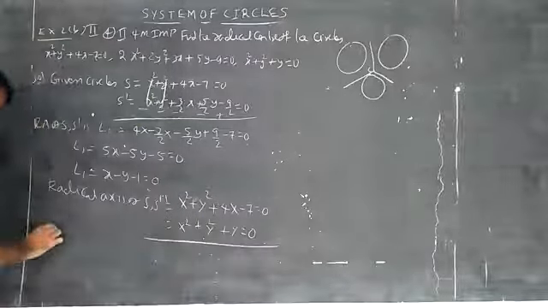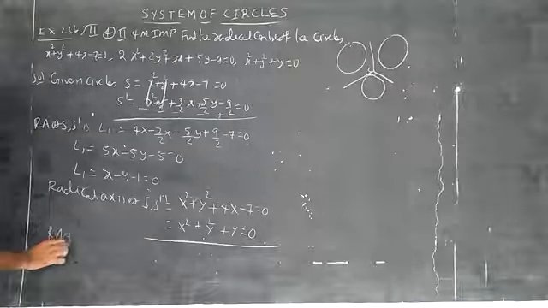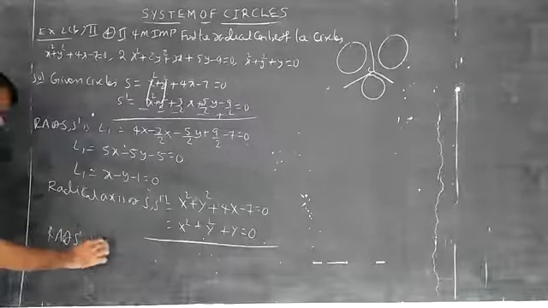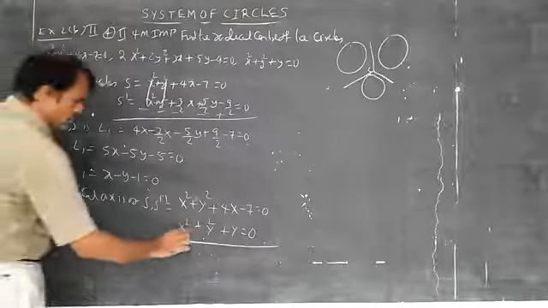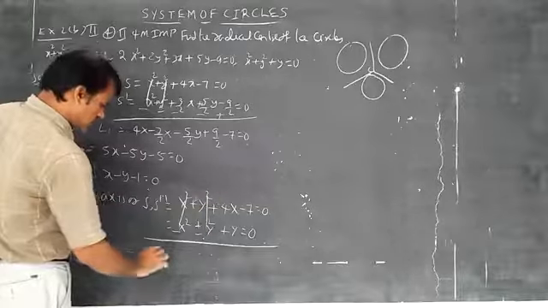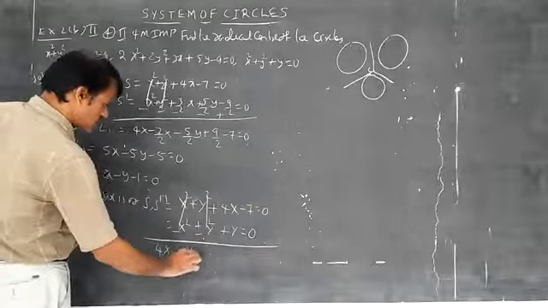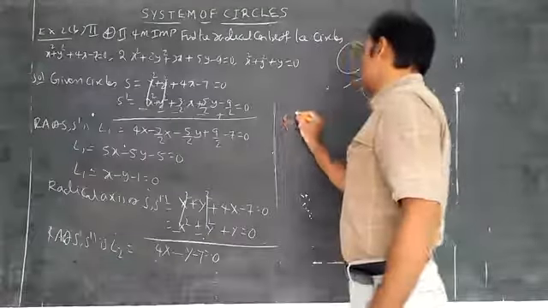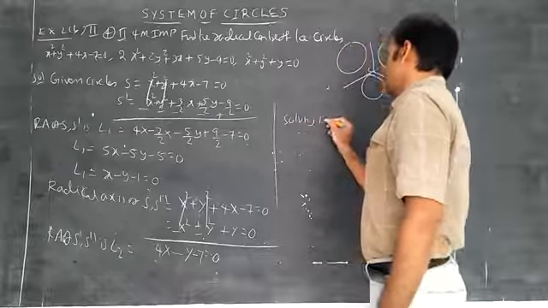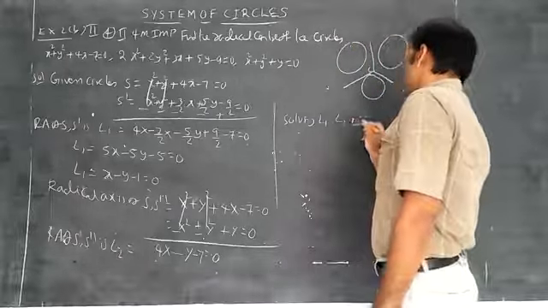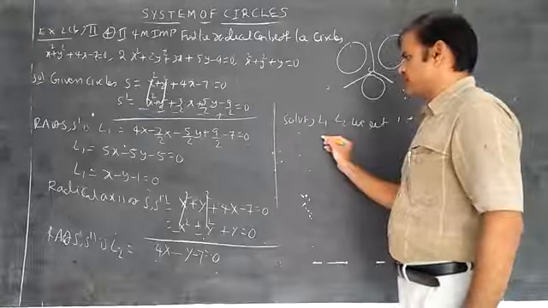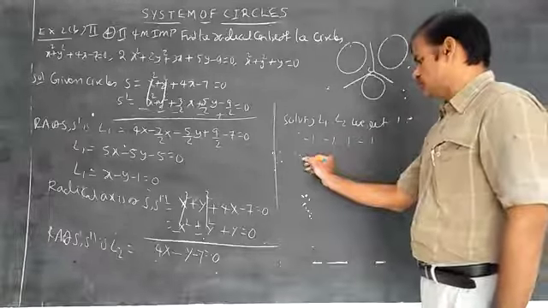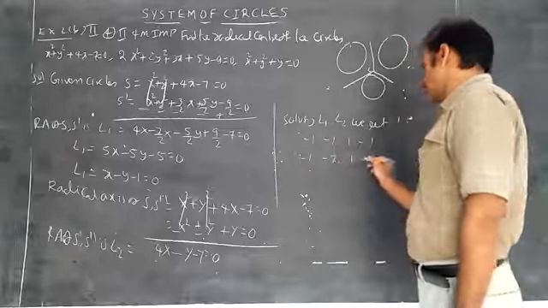Here, RA means radical axis. RA of S comma S double dash, write the name as L2. Minus and minus will be cancelled here. You can write 4x minus y minus 7 equal to 0. Now solving L1 comma L2, we get minus 1, minus 1, 1, minus 1, here minus 1, minus 7, 4, minus 1.